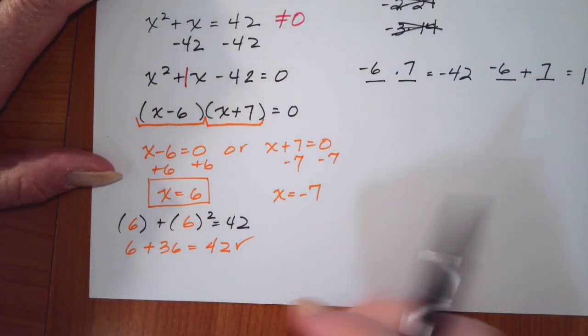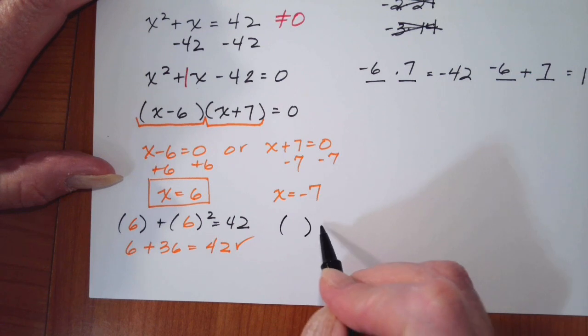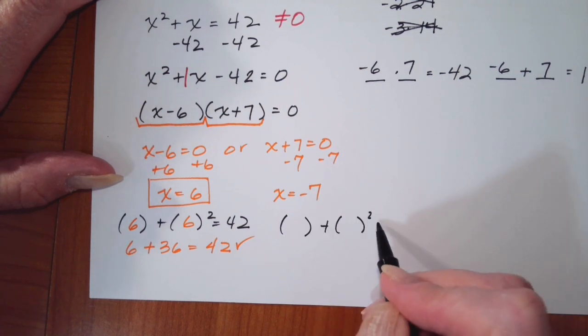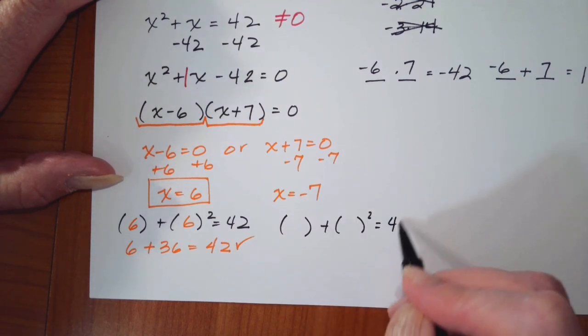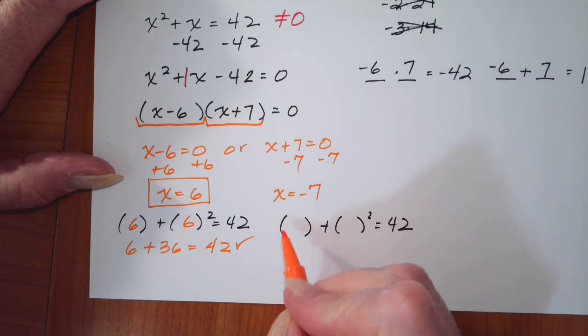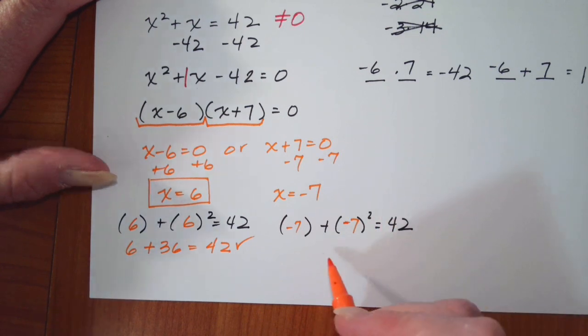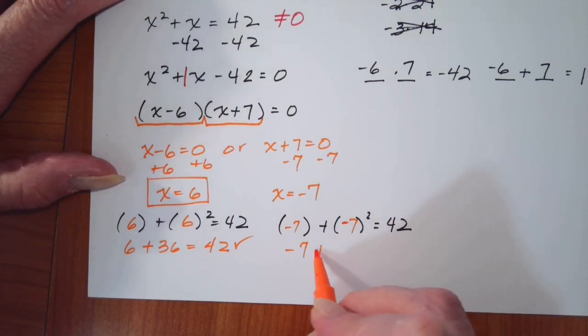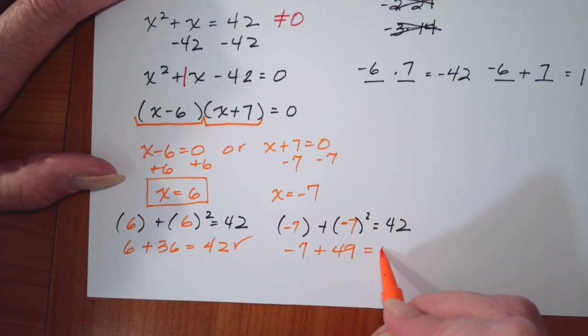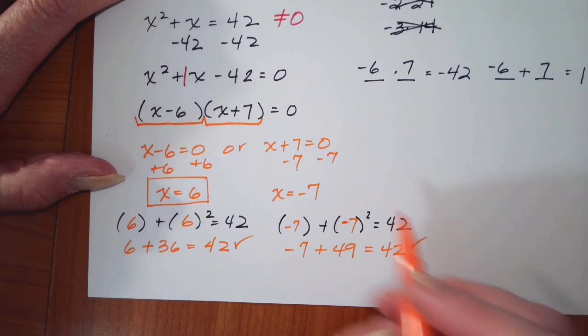I'm going to do the same thing with the negative 7. I want to know if that's equal to 42. Negative 7 plus negative 7 squared is equal to 42, so that's negative 7 plus 49, and that is equal to 42, so that one checks as well.